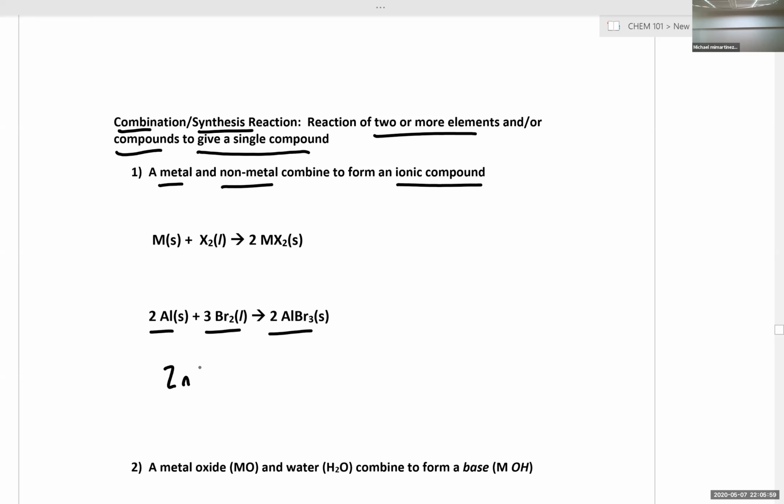If you mix, for example, zinc solid and you treat it with chlorine gas, what product would we expect to observe from this combination reaction?